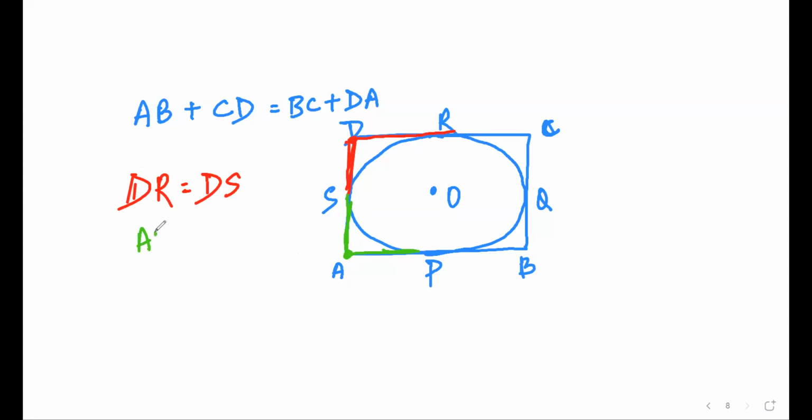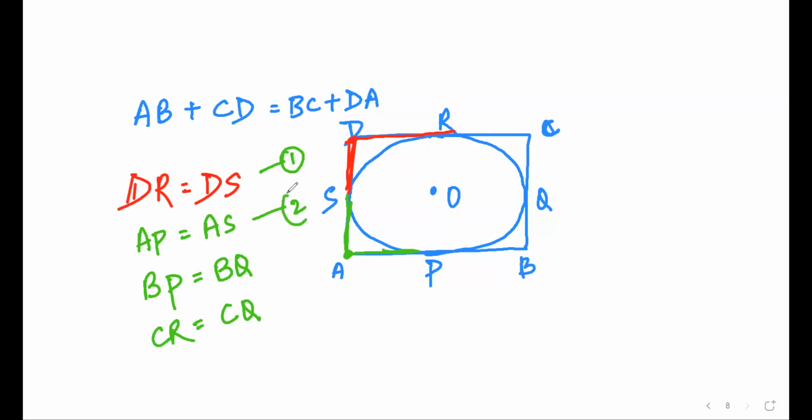So can we say AP will be equal to AS? Similarly, BP will be equal to BQ. And similarly, CR will be equal to CQ. Getting it? This is equation 1. This is equation 2. This one is 3 and this one is 4.